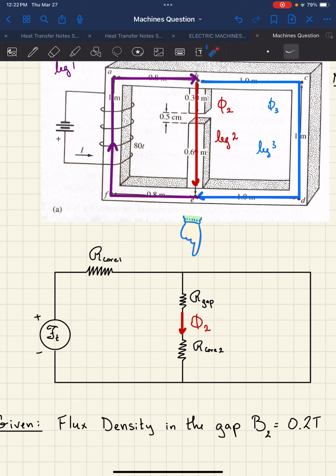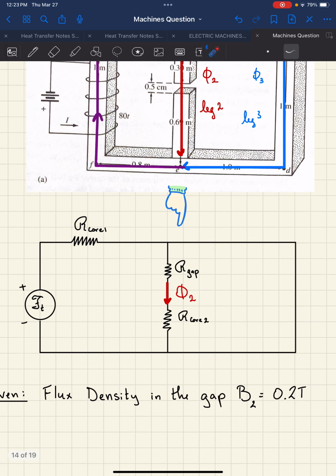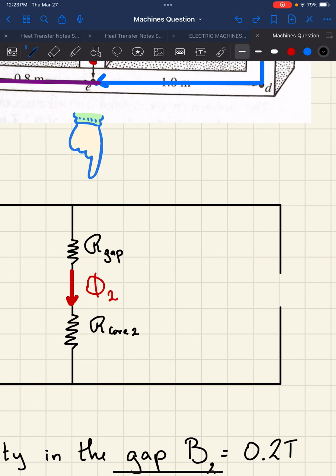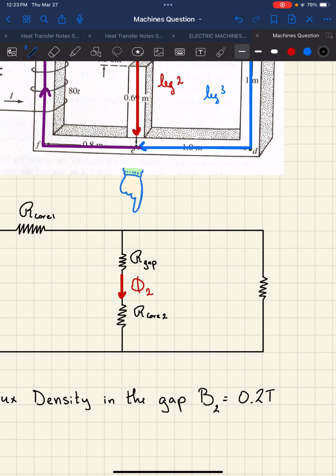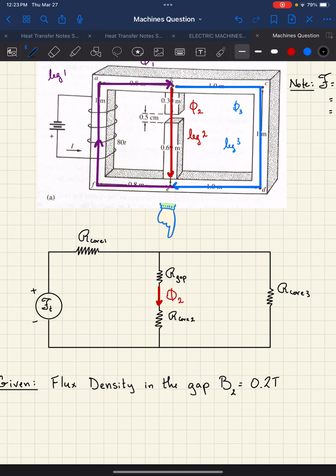And finally, the third leg, this whole portion, is going to correspond to another reluctance. The reason this reluctance is different from the purple path is that a different flux flows through it, so there will be a different reluctance. Let's put that here. This is reluctance, I'll call it core 3.